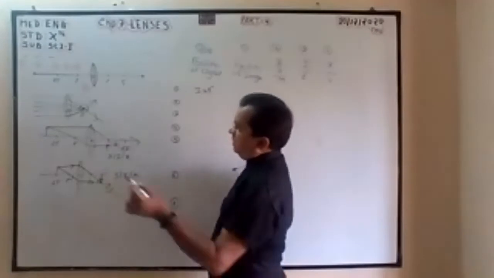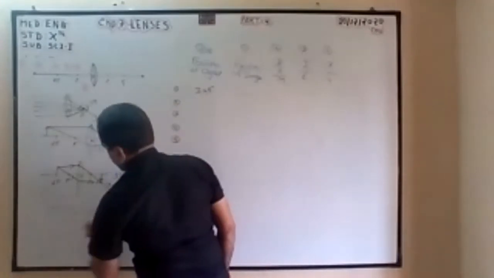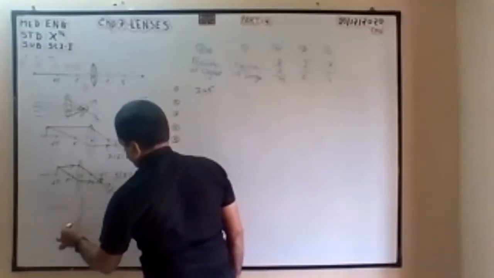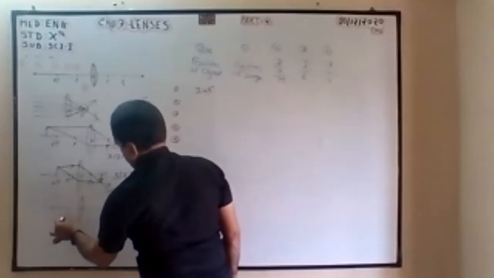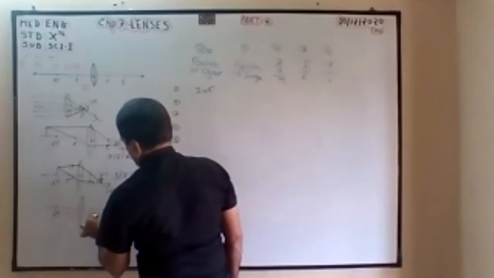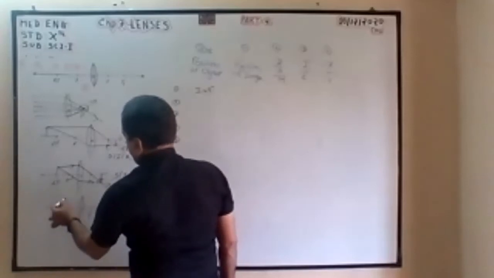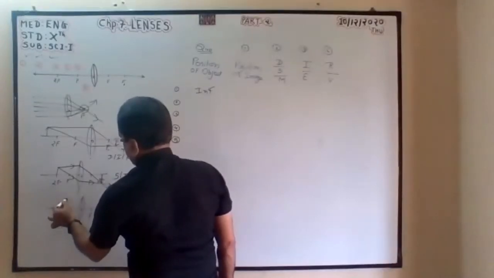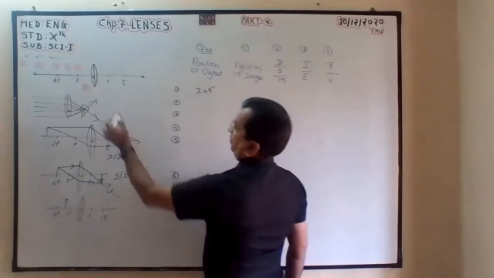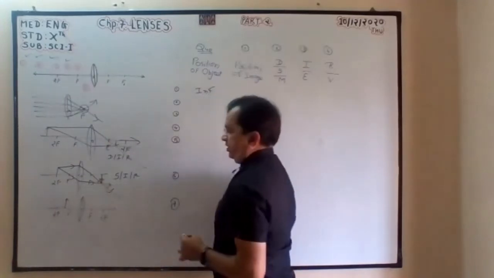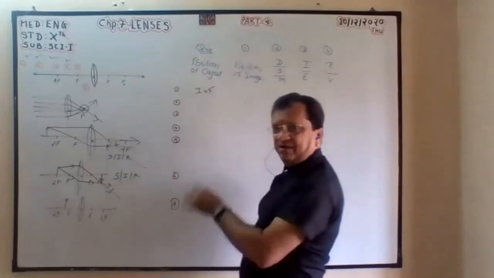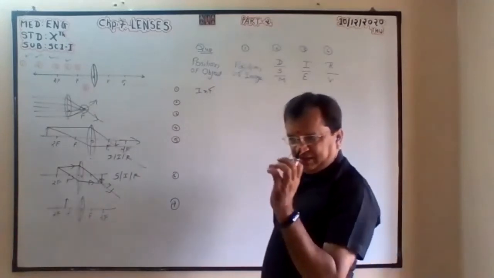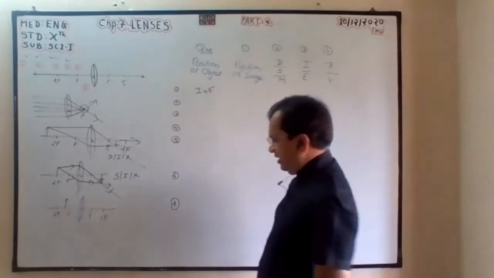1, 2, 3. Now it comes closer. O, F, 2F. Now the object is in between F and 2F. I am not writing here; I will teach you this and give the hint separately.